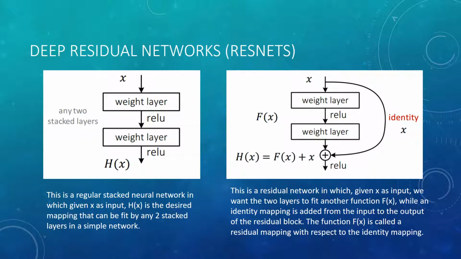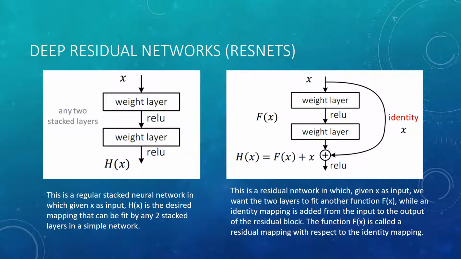On the left, we can see a plain neural network. For example, if we take 2 layers, H(x) is the desired mapping that we want to fit by these 2 weight layers, these 2 stacked layers. So this is a plain stacked neural network.